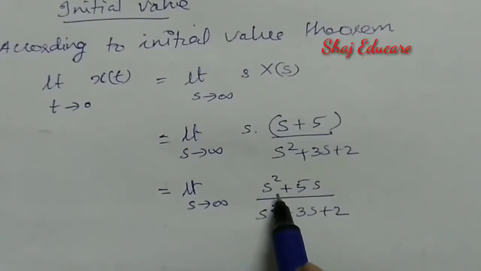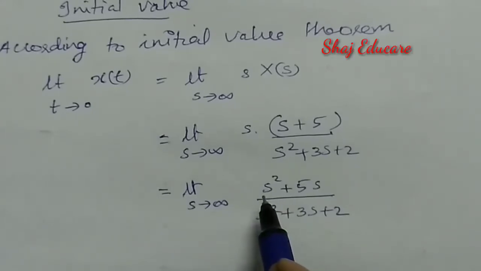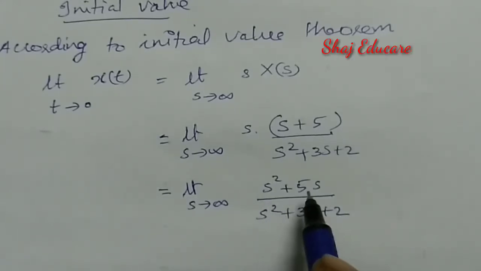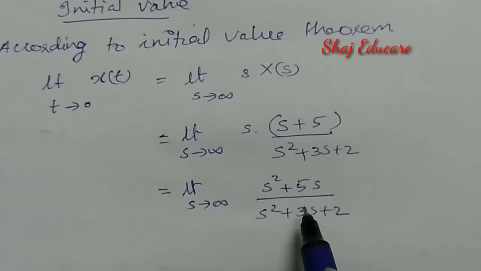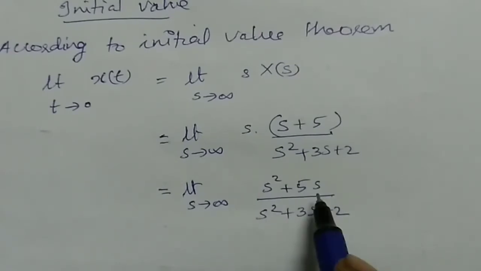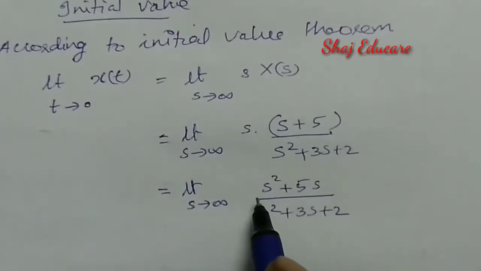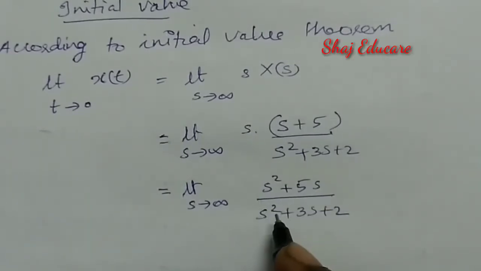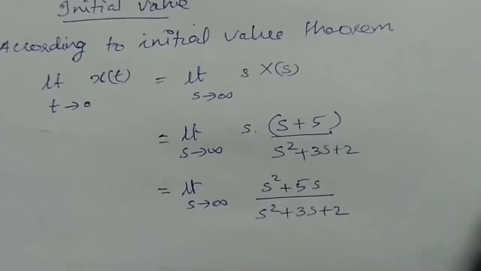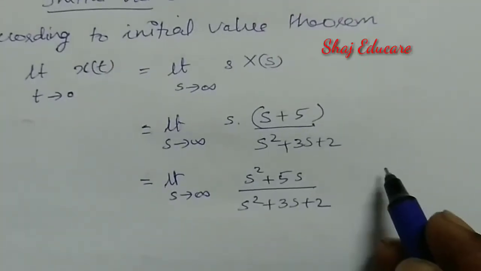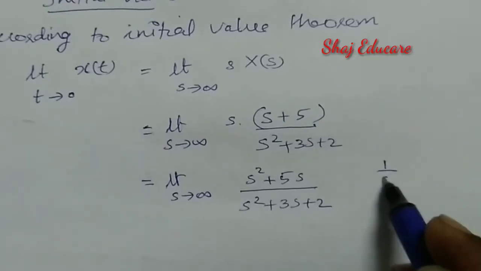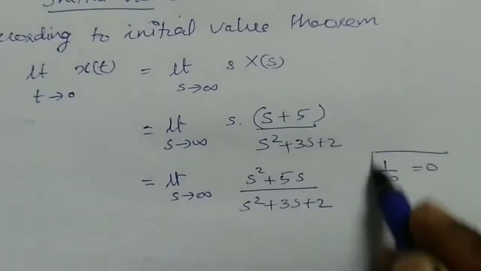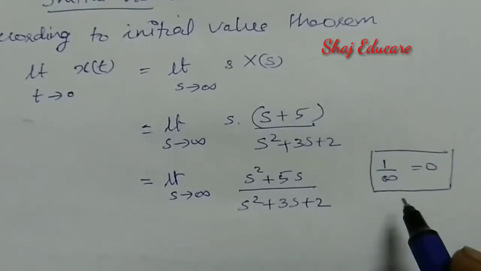But we don't have any provision to find infinity squared and 5 into infinity. The arithmetic operation between a limit and a number is not defined, but the only thing we know is 1 by infinity equals 0. All of you must be familiar with that.